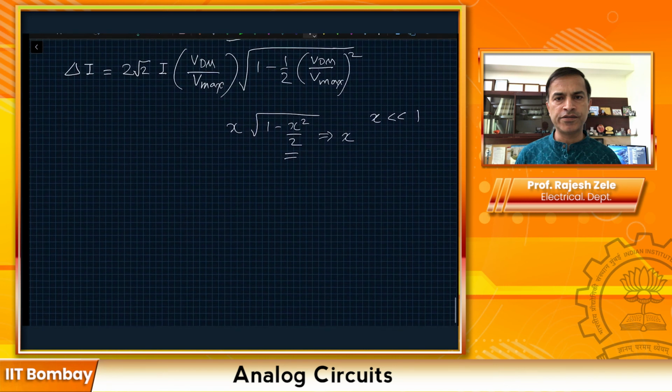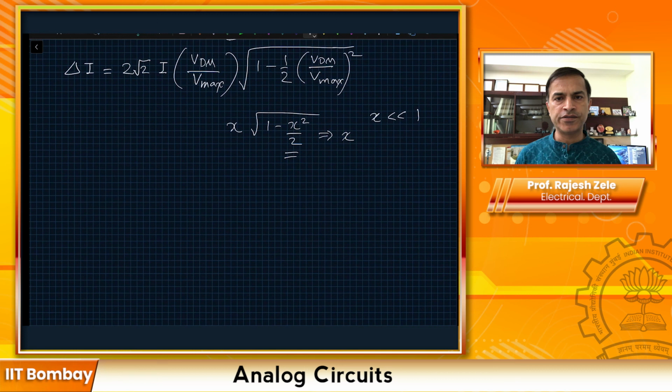So we can also say that my delta I will look like 2 root 2 I times VDM divided by Vmax. And this is true when VDM divided by Vmax is much smaller than 1. This is where you are approaching that origin point.